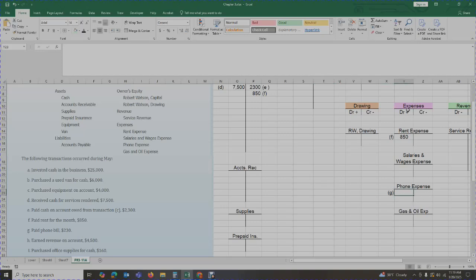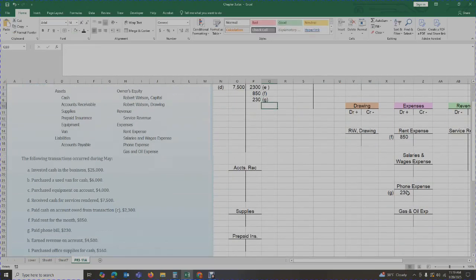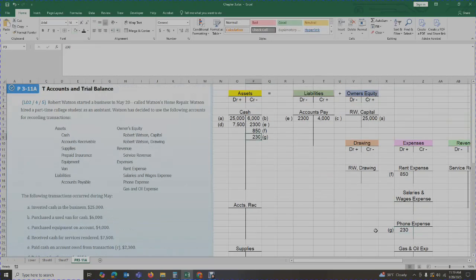Anytime that you have an expense, it will be a debit of $230 in this case. How do you pay your phone bill? You pay your phone bill with cash. So cash decreases, it's going down. So that means I'm going to credit cash for $230. That is letter G. Sorry about that. G right there. So now I have a debit to phone expense. I've got a credit to cash. Debits equal credits. Okay, don't forget that.